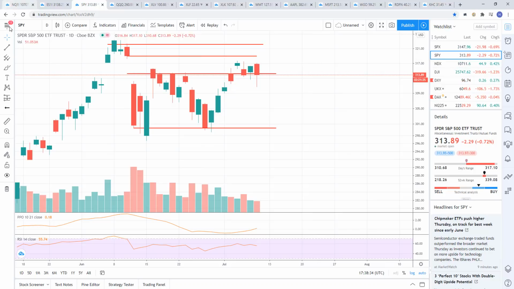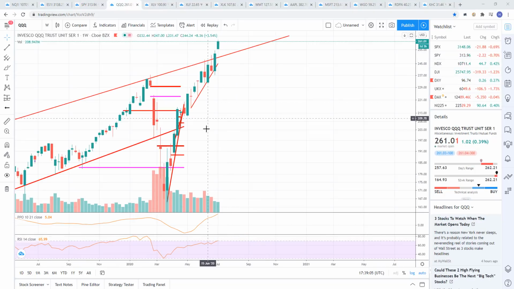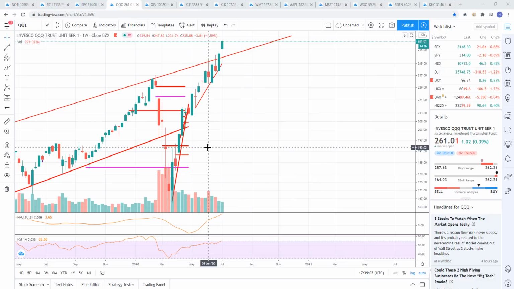All right, so that's just something to keep an eye on as this continues to trade out. Looking at tech, and tech is the market at this point. It has a huge weighting in the S&P 500. I think it's 25%, 22%, something like that.